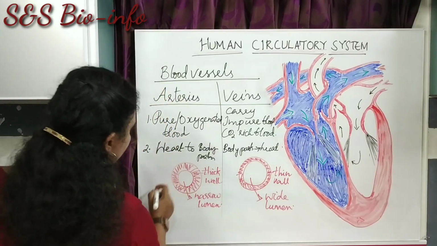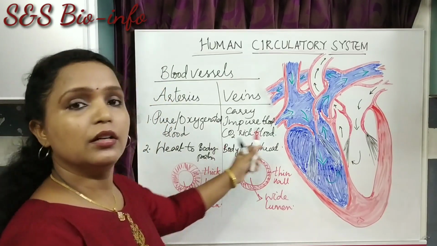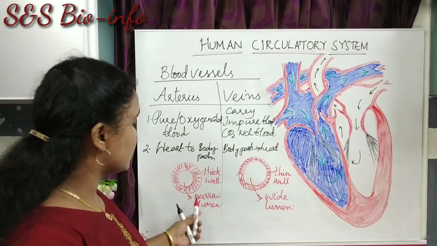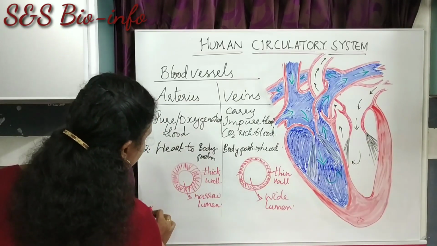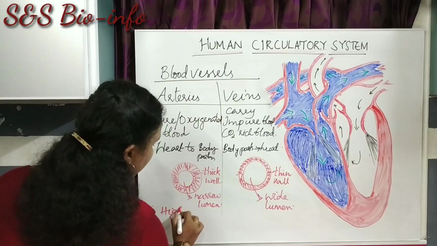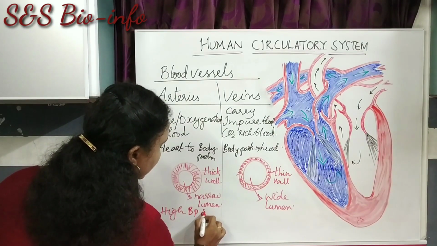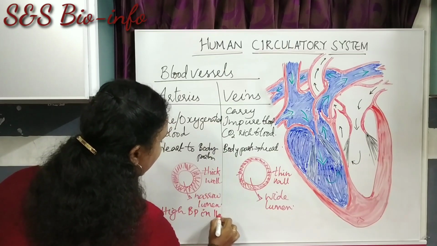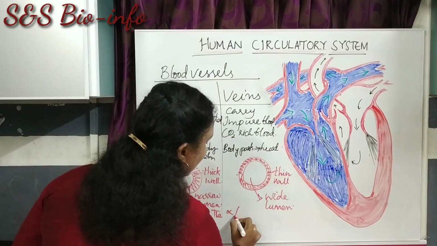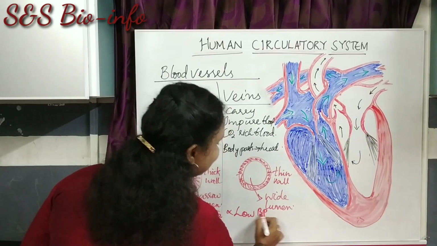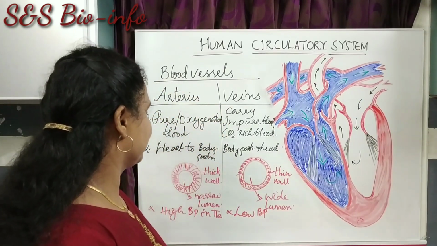So the third difference you can write thick wall, thin wall. Fourth difference, narrow lumen, then wide lumen. Then the next one, high blood pressure inside the artery, then comparatively low BP. BP means here blood pressure.